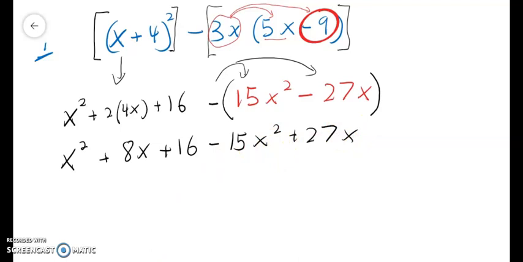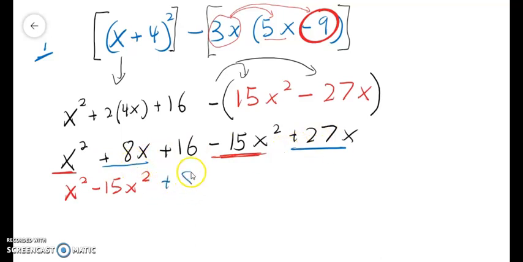Now we have to select the same term. Here we have an x square, here we have an x square term. So we make it into x square minus 15x square. Now we choose the x term only, so we have 8x there and plus 27x, and then we have one constant plus 16.